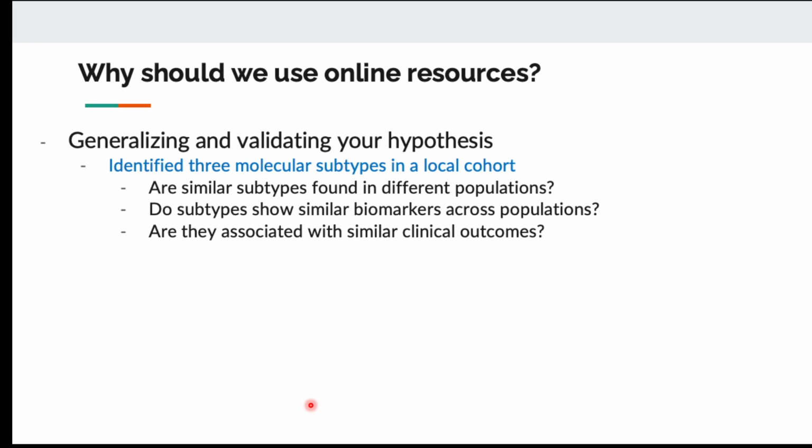Instead of doing the actual research yourself, you can look for an online database with gene expression data or mutation profiles for cancer patients in a different country, and then confirm whether you can find the same biomarkers and the same subtypes in those populations. That evidence will allow you to be more confident about the subtype that you identified in your own analysis.